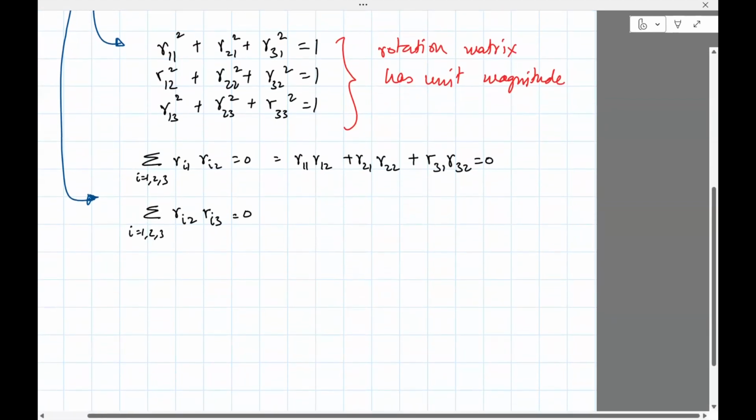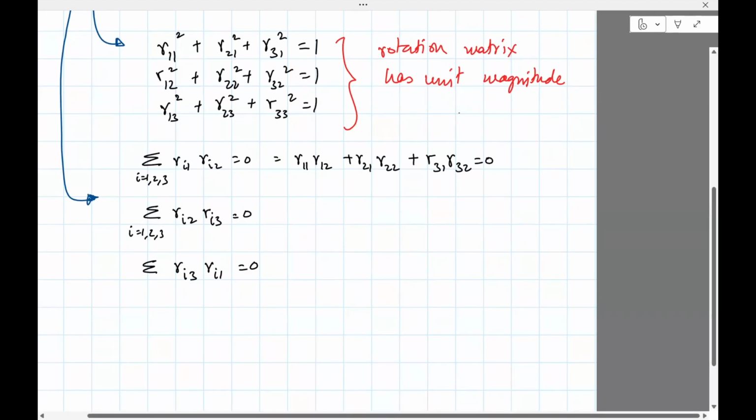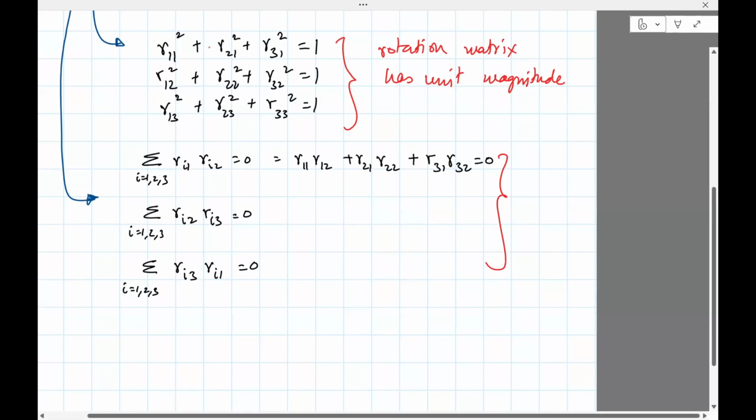Then I want to expand that out. Ri3 Ri1 equals 0. So i will go from 1 to 3. And this is the other property, orthogonality of rotation matrix.